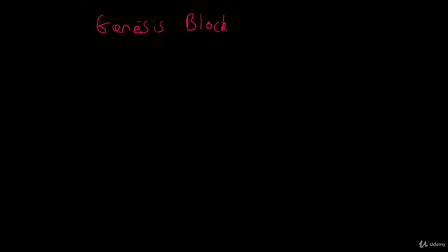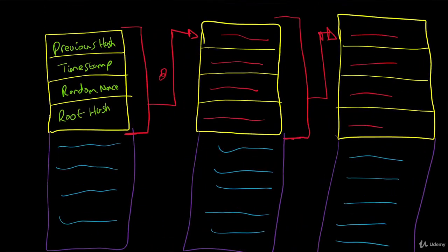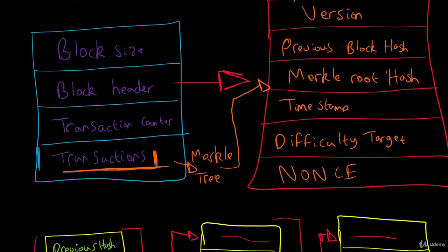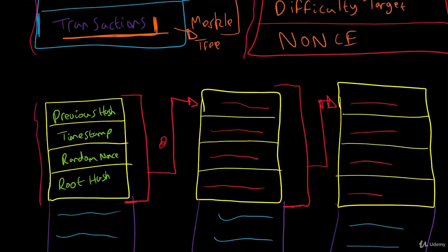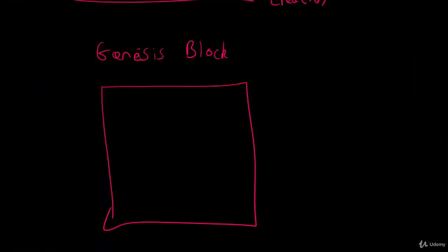It's called Genesis. And the Genesis block has everything that our block here has, and obviously what all of this has as well if you look at it from a more in-depth point of view. But the only thing that it doesn't have is the previous hash. So the previous hash field is just left blank.